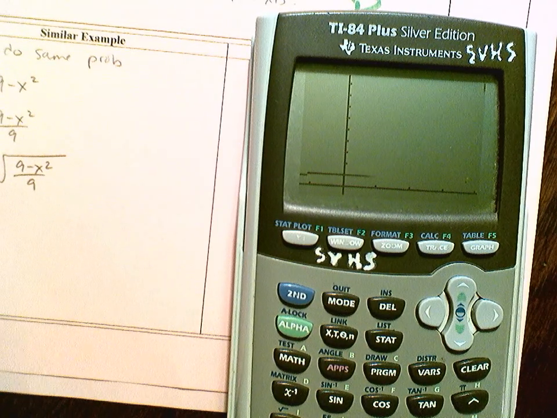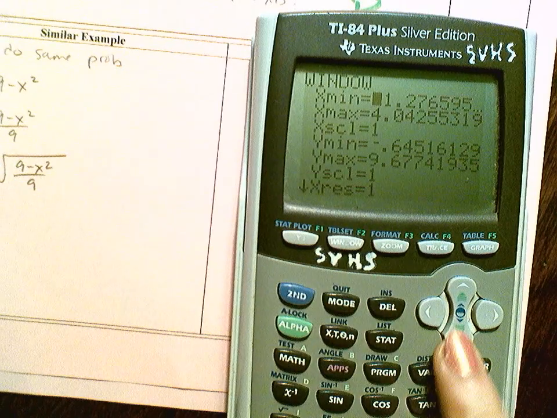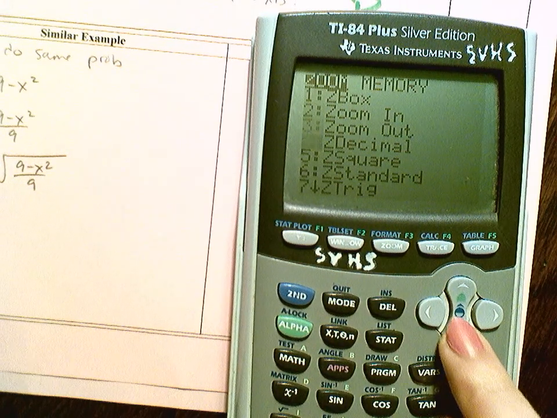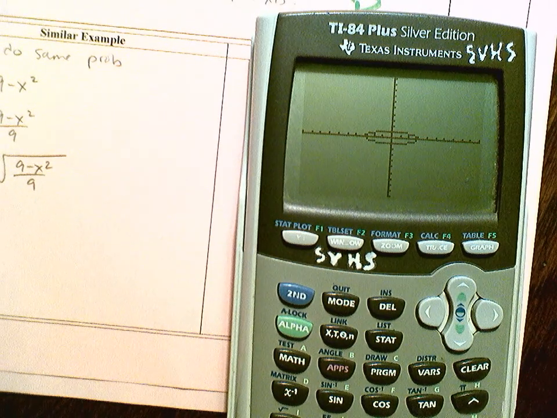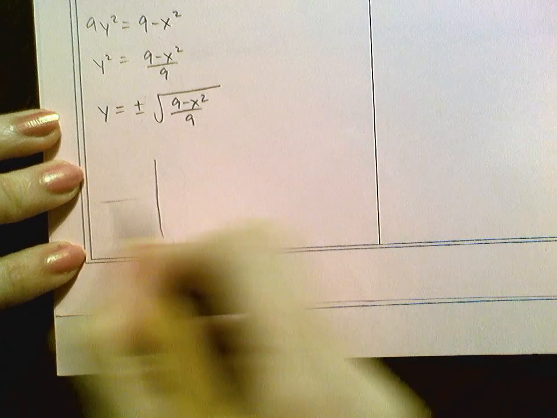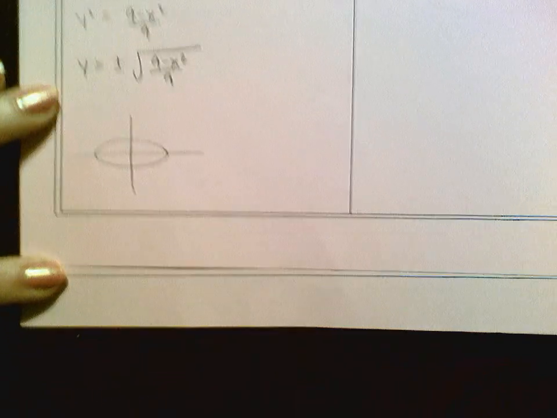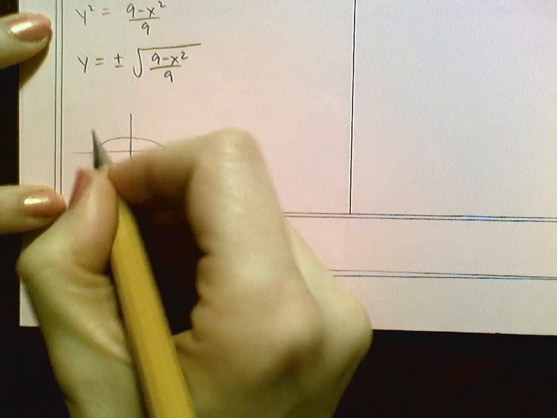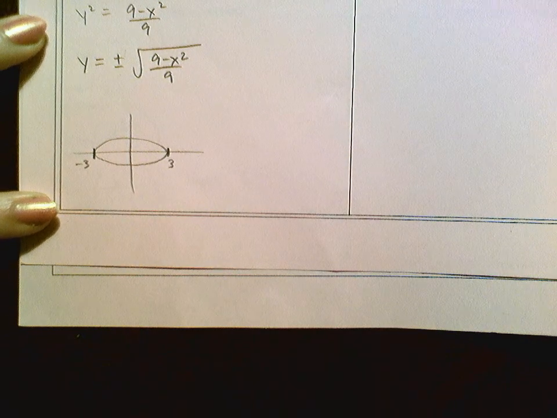Uh-oh. I'll go to a standard window in a minute. Oopsie. So zoom, standard. Okay, so there it is. So that's what an ellipse looks like. So we've got this, okay? And if you play around with your table, you can even see that this is -3 and that is +3.